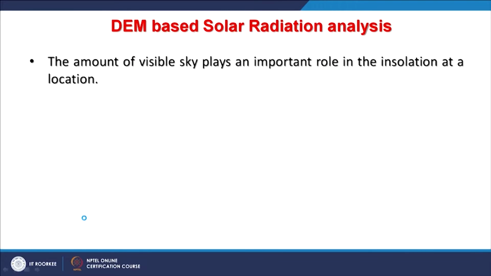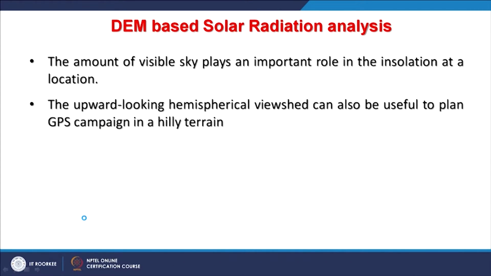Now, how much visible sky there is plays an important role in the insolation at a location. So, this will play a very important role. Again, this upward hemispherical viewshed can also be used to plan a GPS campaign in hilly terrain.